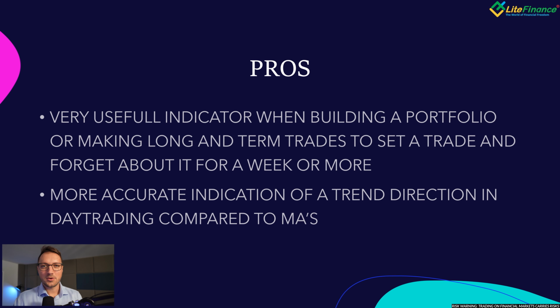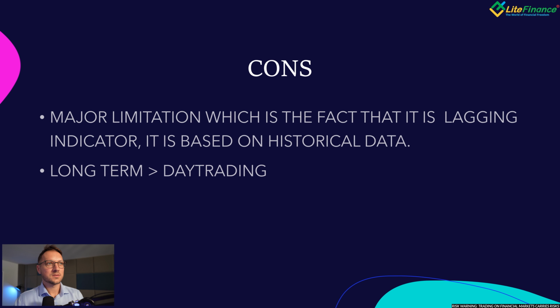But as any other things in life and in trading, it has also its cons. There is not always sunshine and rainbows, and the biggest con of this indicator is that it is calculated with the historical data. So therefore it is a lagging indicator and it will very often send you false signals.